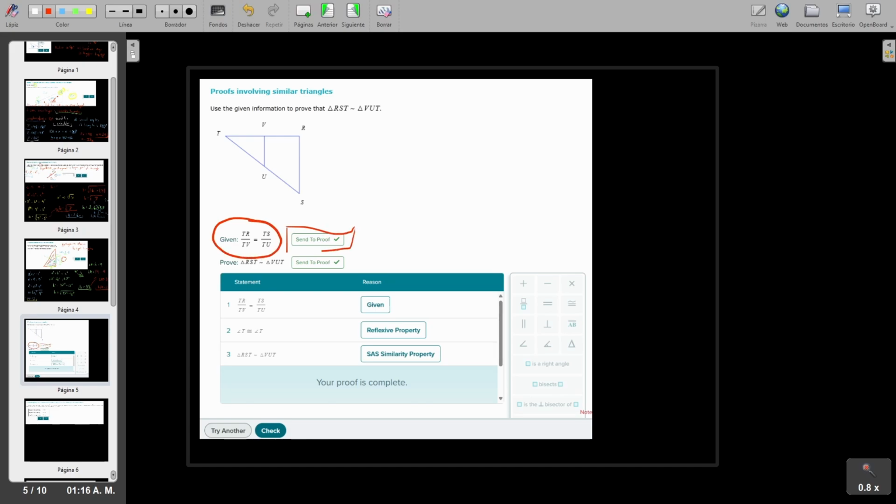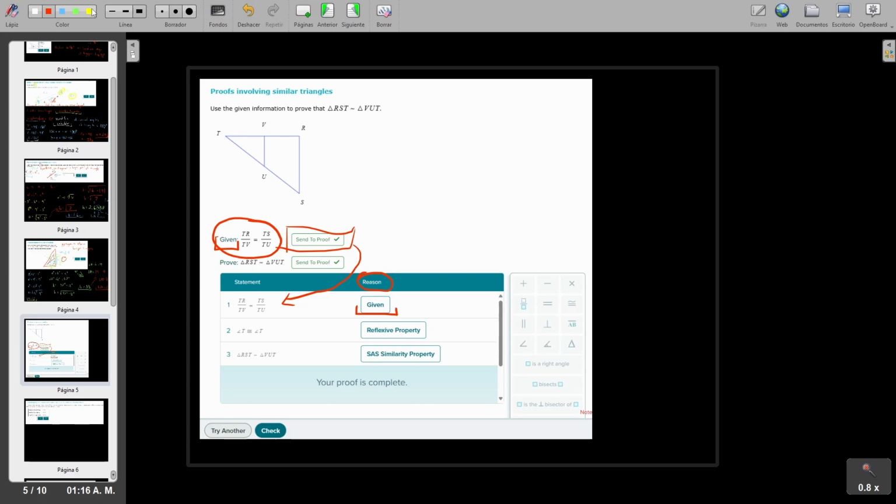We send this part to proof, and it automatically asks us why. Why do we write given here? Because they said it right here. It is given to us. This part is true because they said it to us. That is the explanation of this part.